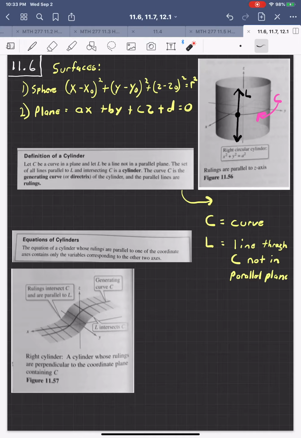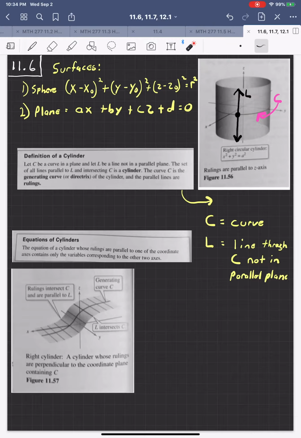Let me just give a few of these a name. We refer to the C as a generating curve. You also might see textbooks refer to it as a directrix. But it's the curve C that forms the type of cylindrical surface that you're dealing with, right?